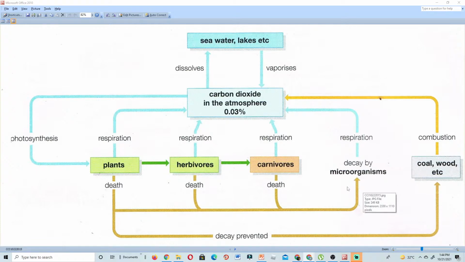Microorganisms include, for example, bacteria, fungus. Whenever those microorganisms are breaking down the dead remains of a plant or an animal, respiration also takes place in their body, where they breathe out carbon dioxide. So these four boxes where you're seeing respiration, all of these show how carbon dioxide is given off to the atmosphere in the environment.